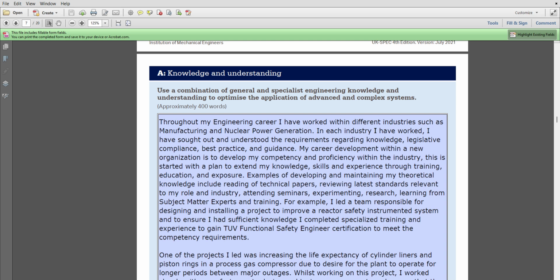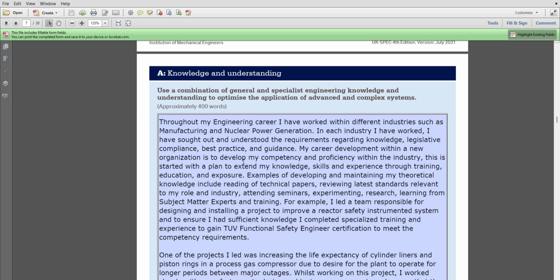In each industry I have worked, I have sought out and understood the requirements regarding knowledge, legislative compliance, best practice, and guidance. My career development within a new organization is to develop my competency and proficiency within the industry.